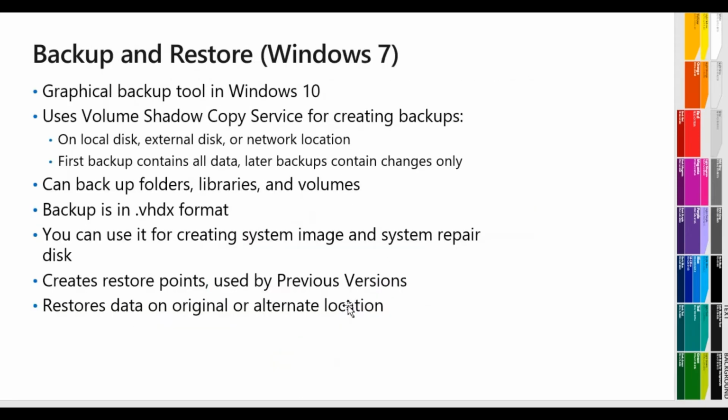Now, what does it mean by restoring data to original and alternate location? That means when you try to restore, for example, if data is deleted from C drive, it will restore in C drive. Or you can set up where you want to restore the data. You'll have both options.